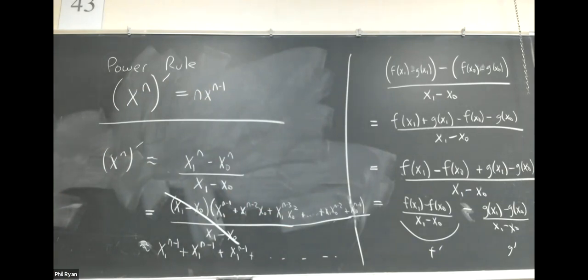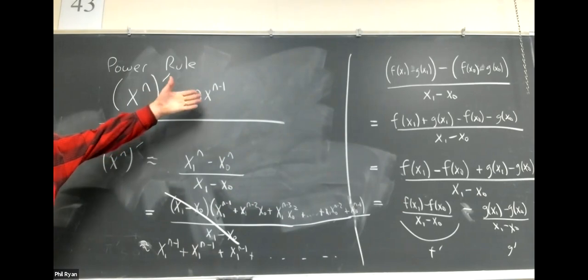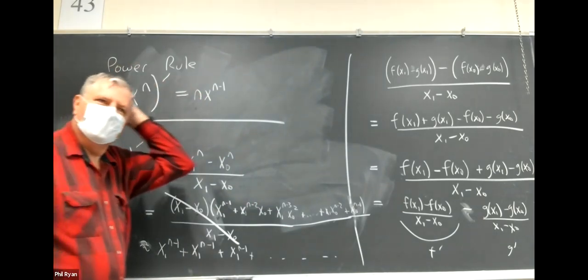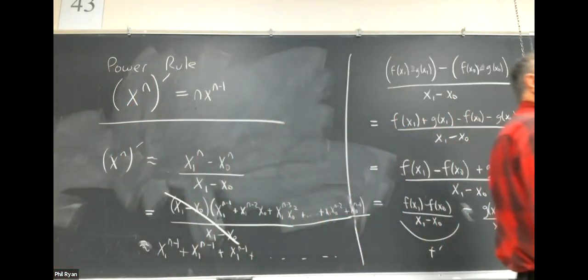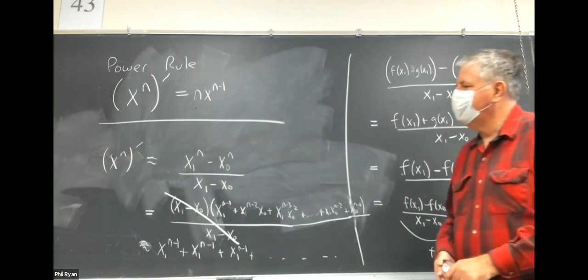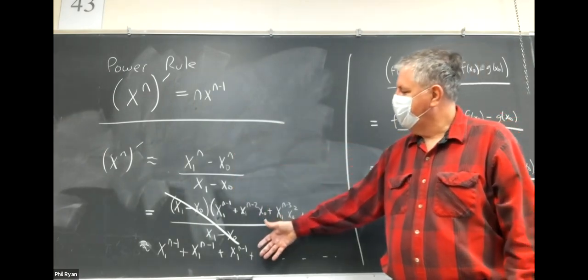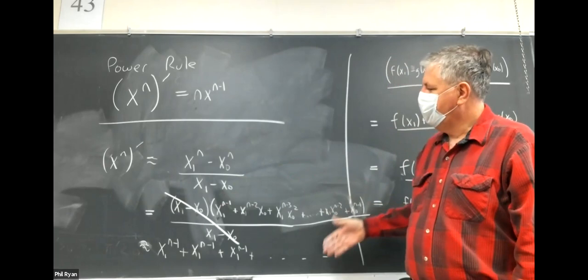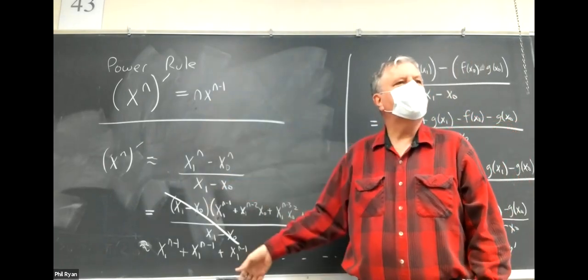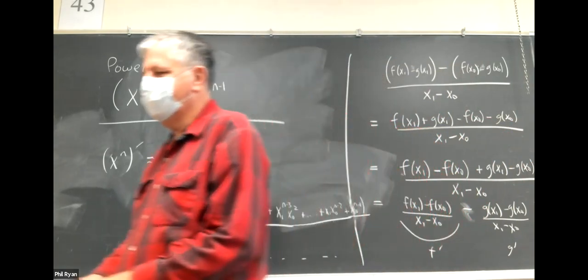How many of them do we get? We get n of them. So this is the reason why this rule works. It's just a nice algebra trick. There are some other ways to do this if we formulate it in a different way, but they're all the same: you multiply something out, you factor it, things cancel, you get that answer. So that's good.